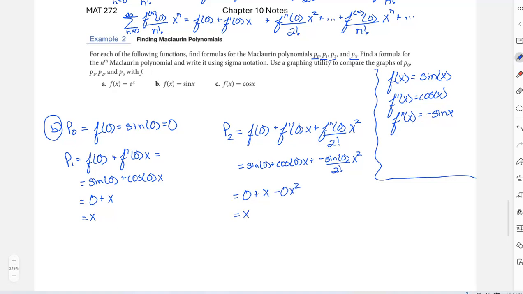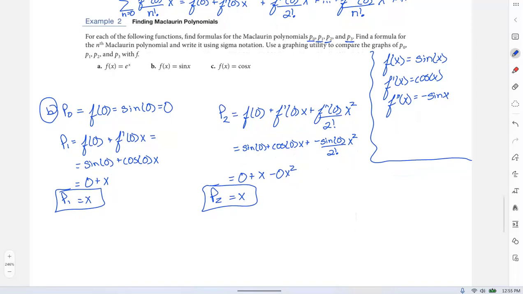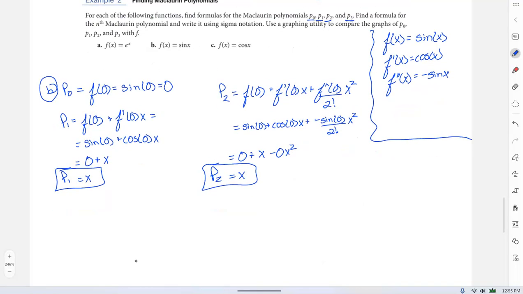So we're still just going to get the function y equals x. I'm going to box in my answers here. We know what the sine function looks like, and we know what y equals x looks like. So you can see that's not really going to be a good fit for that right now. P of 0 equals 0. Let me box that one in too.